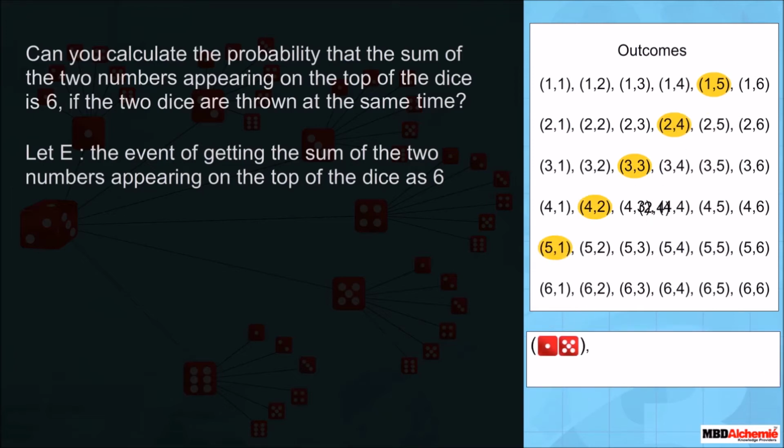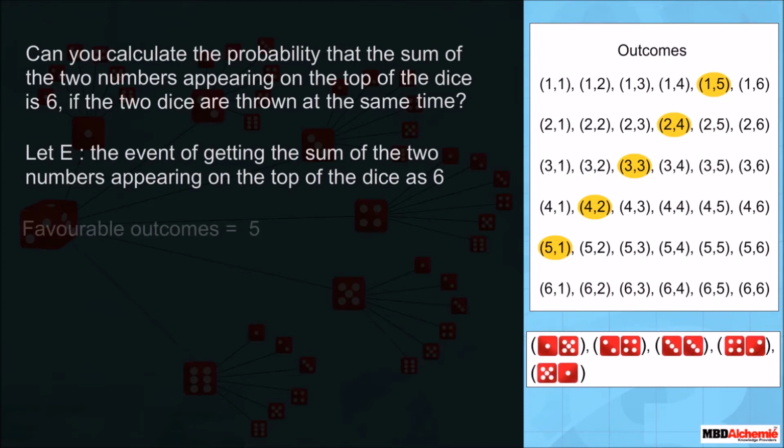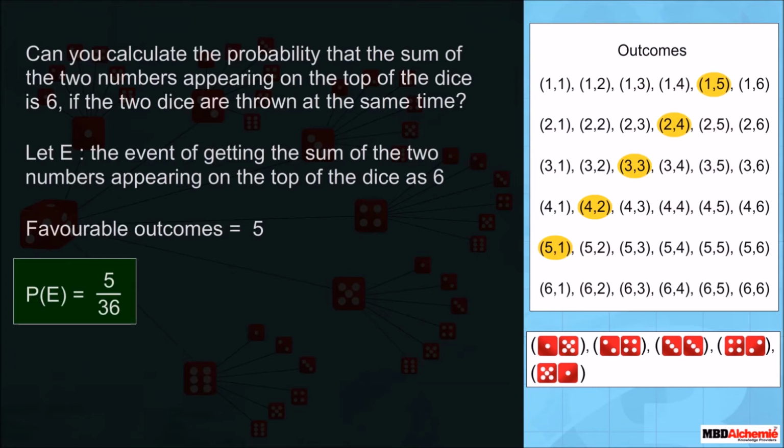These are (1, 5), (2, 4), (3, 3), (4, 2), and (5, 1). So, here the favorable outcomes are 5. Thus, by using the theoretical approach of probability, the probability of E is equal to 5 upon 36. As it is already in the simplest form, it is the required probability.